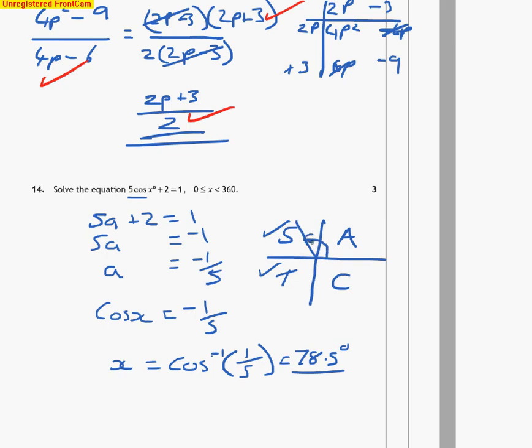To get that, we're going to do 180 minus the 78. So in quadrant 2, we're going to do 180 minus 78.5. And then in quadrant 3, that would be the angle we're looking for all the way around there. We're going to do 180 plus 78.5.